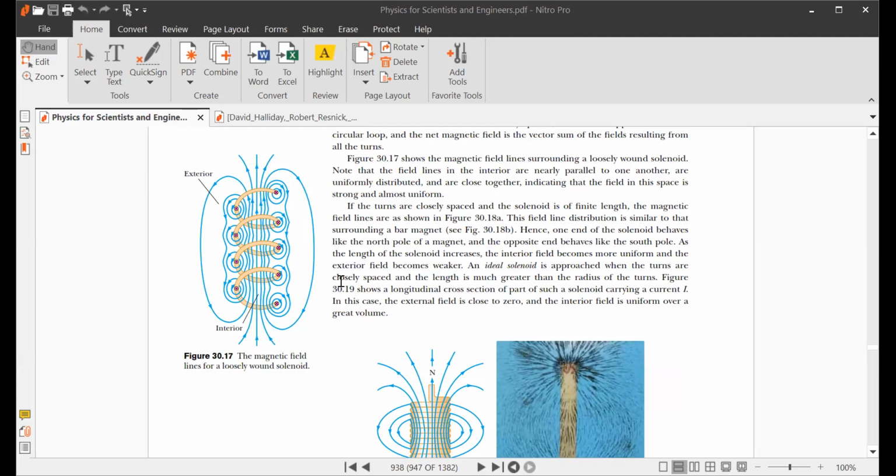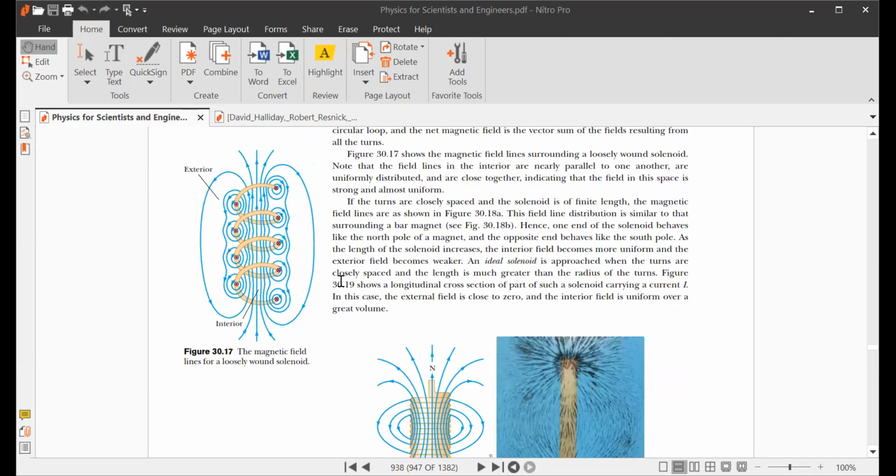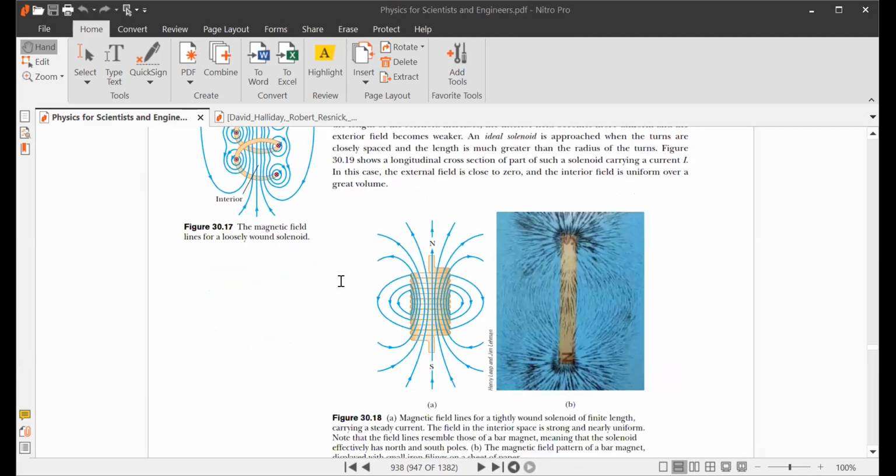But in this lecture, and also for the examination, the solenoid is an ideal solenoid, which means that we wrap the wire very tightly such that there is no gap. The gap between the wire is zero.